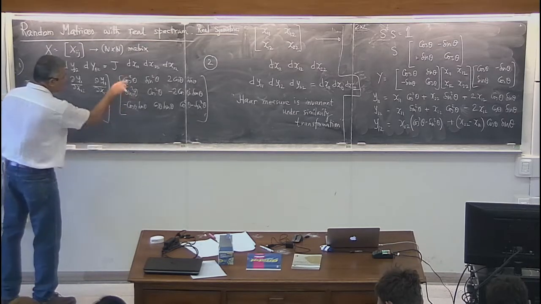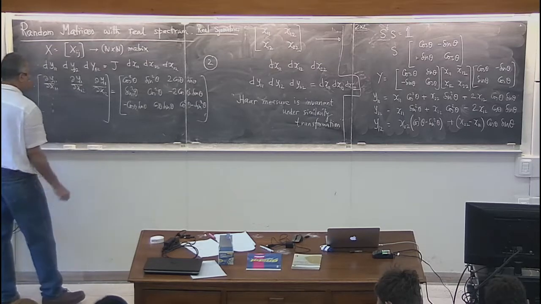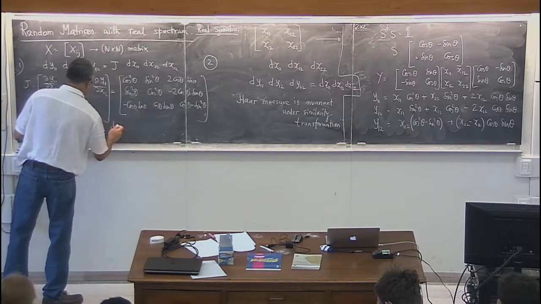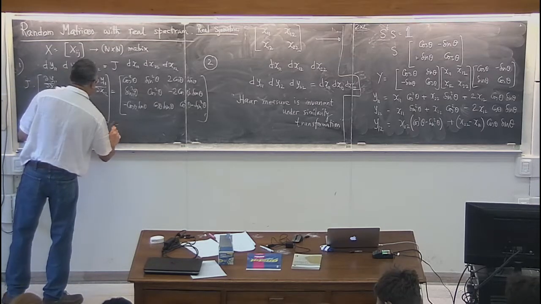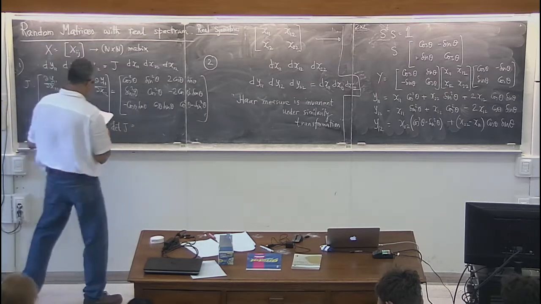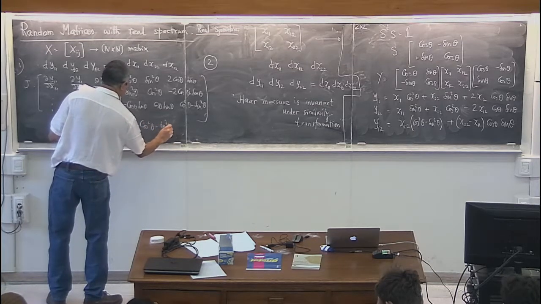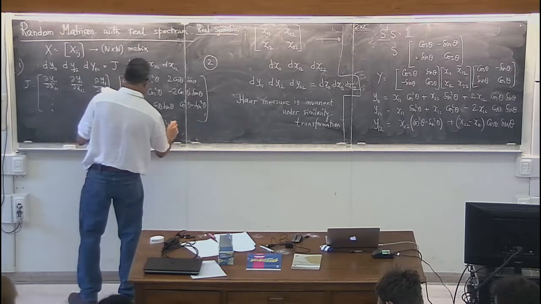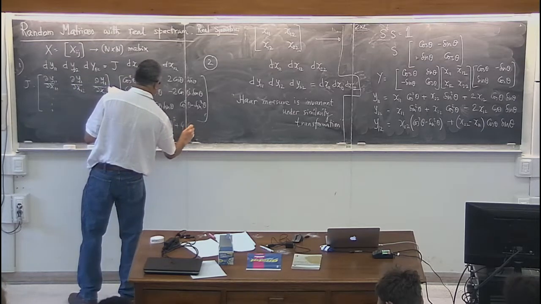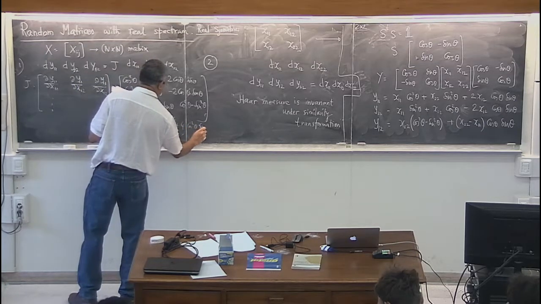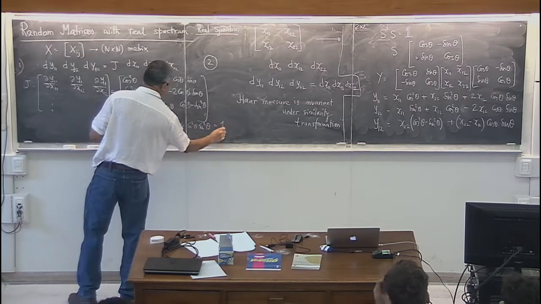It's quite trivial. You can just add the rows and columns, and so on. If you evaluate the determinant of J, you can use Mathematica if you want, but I just did it by hand, and it's 1.